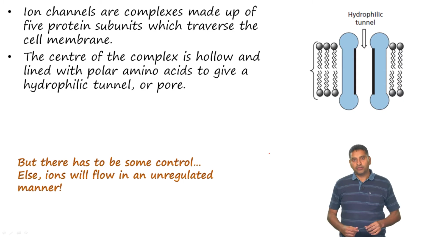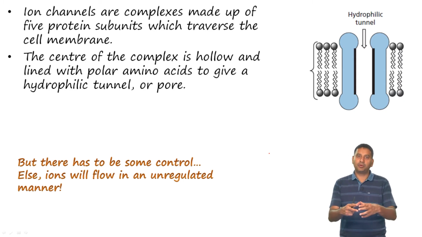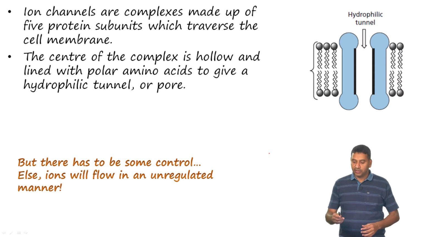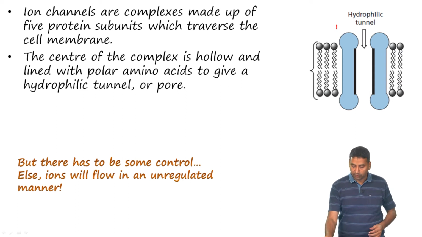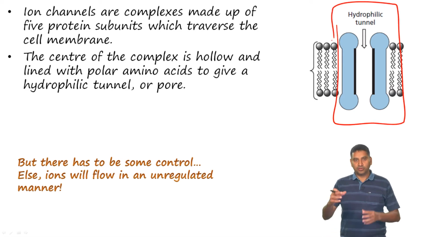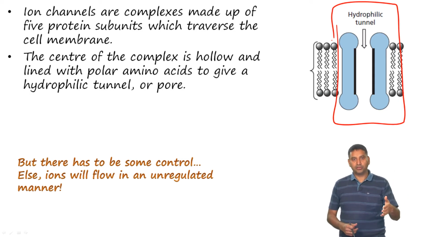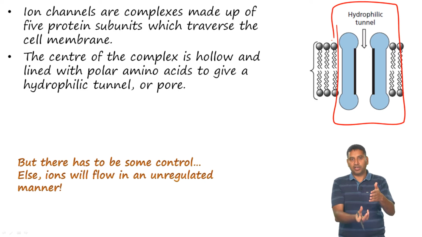Now, ion channels are actually complexes made up of typically 5 protein subunits, and these 5 protein subunits traverse the membrane. The center of this complex is hollow, and it is lined typically with highly polar amino acids, so that it provides a nice area through which the ion can go.